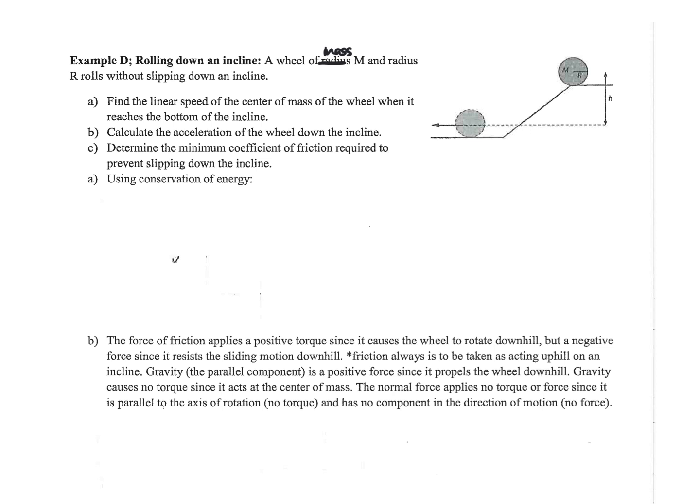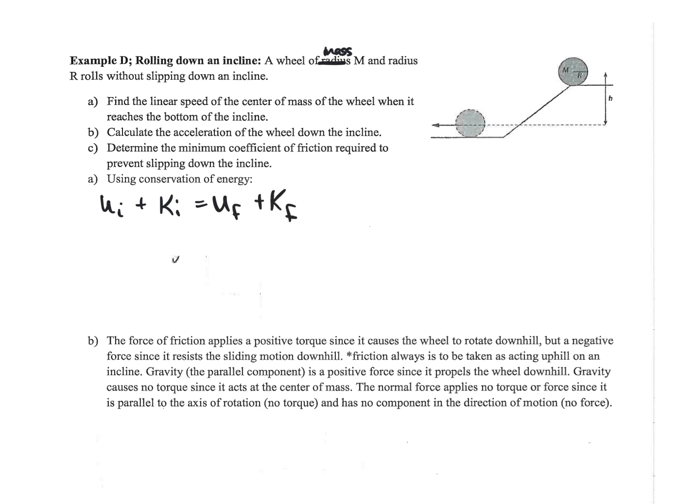So, best thing to do, since we know it's going down a height h, is conservation of energy, right? Conservation of energy says U initial plus K initial equals U final plus K final.